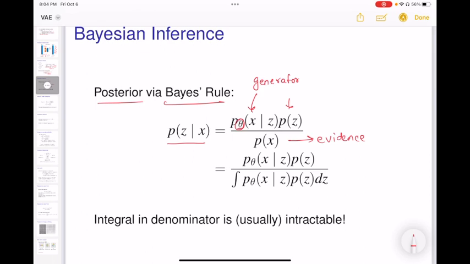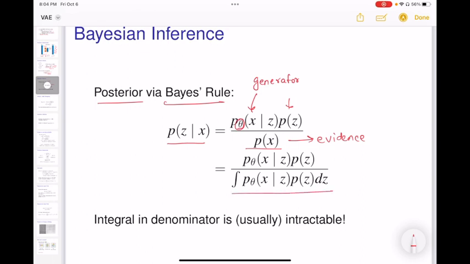So P of x is just the real data distribution, and this real data distribution is generally something that we're trying to model and something that's not very easily accessible, right? And yeah, so this evidence can be written as an integration over dz as such.